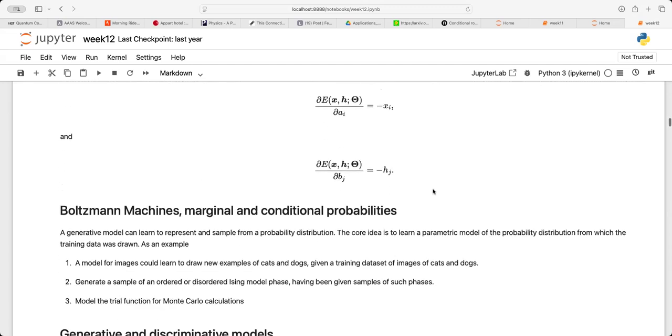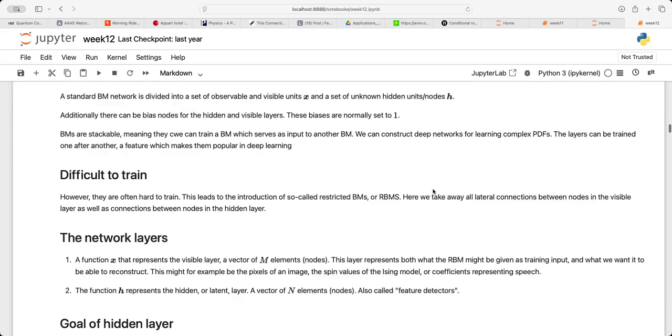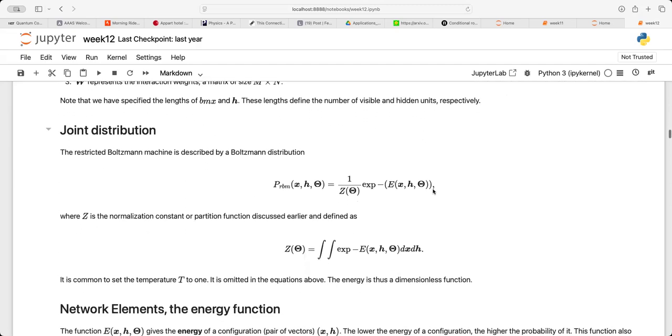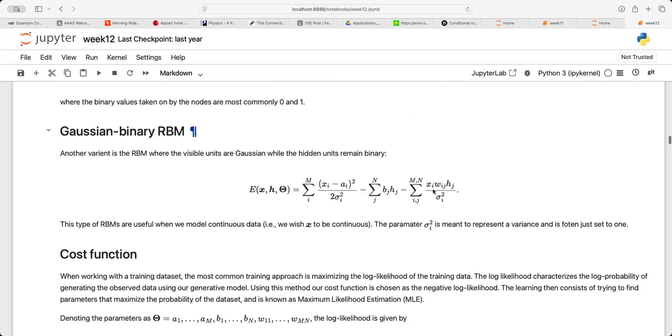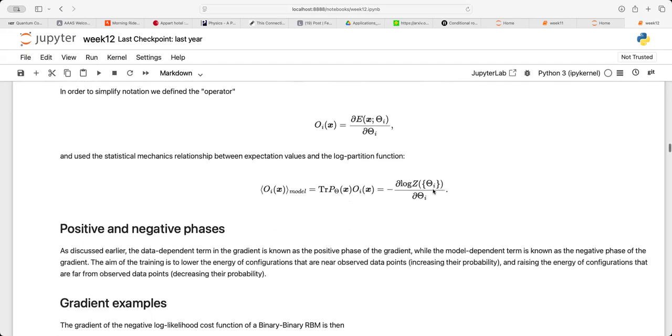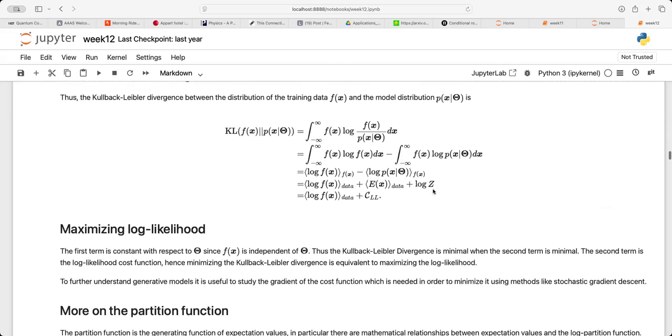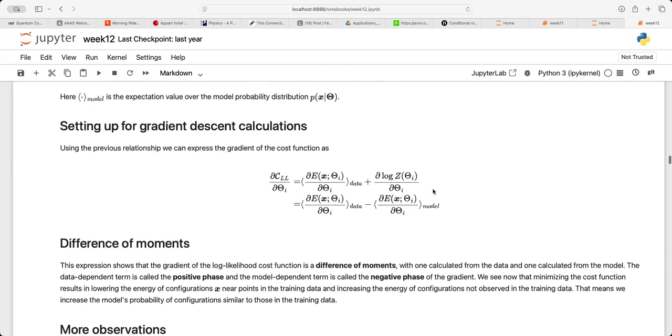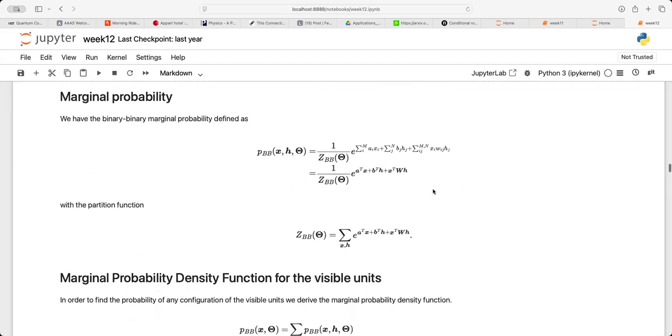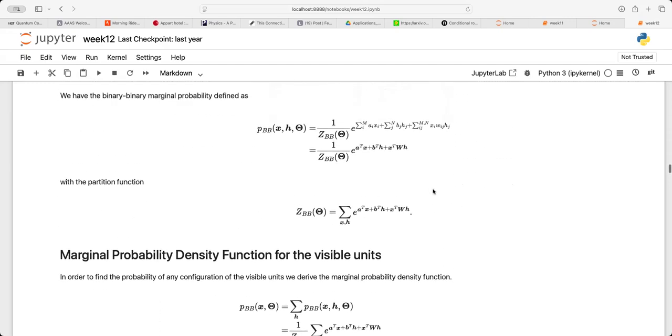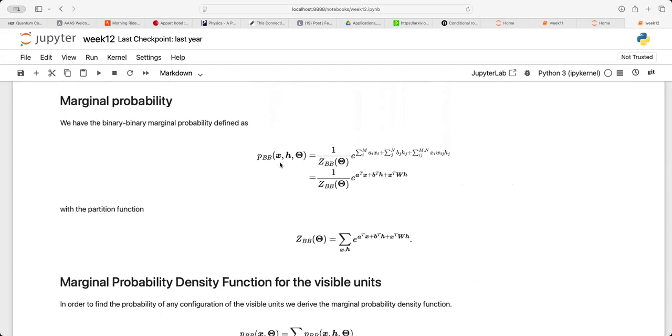So what I wanted to do now is, if we look at the Boltzmann machines here, in the lectures which we had last week, we actually looked at the way you can derive all these different probabilities, based on the type of binary or Gaussian binary model which one chooses.